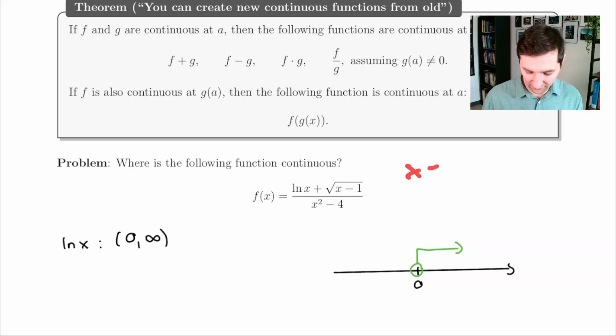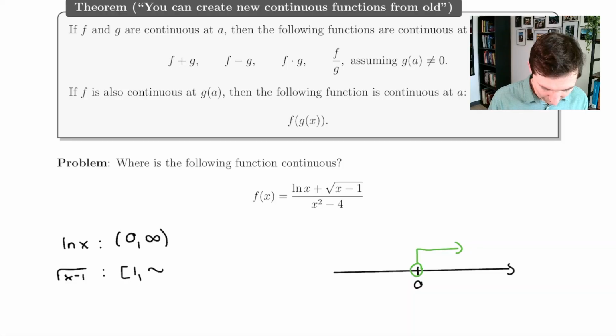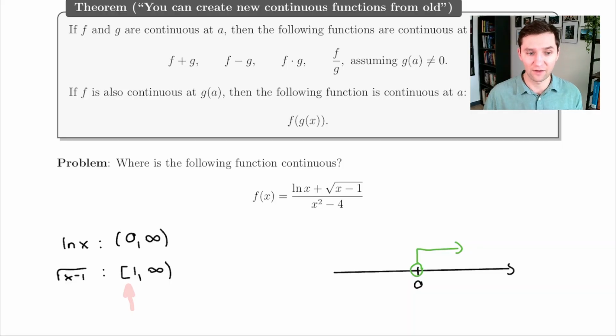So I know that x minus 1 must be bigger or equal to 0, which is the same thing as saying that x must be bigger or equal to 1. So square root of x minus 1 is defined and continuous for x's bigger or equal to 1. I used brackets here to denote the fact that this function is defined at x equal to 1.